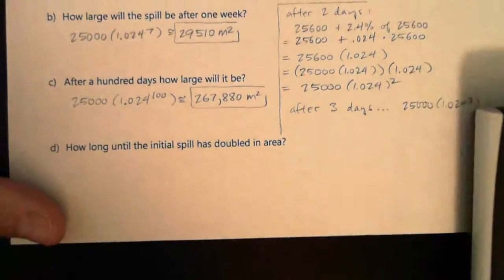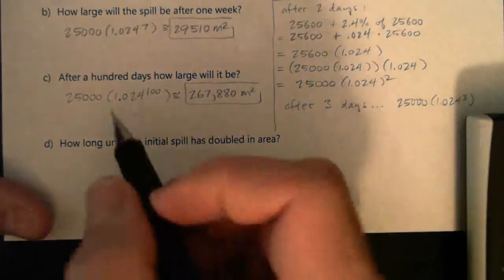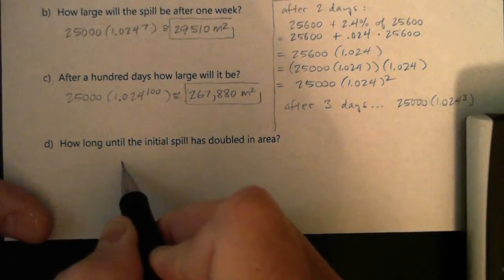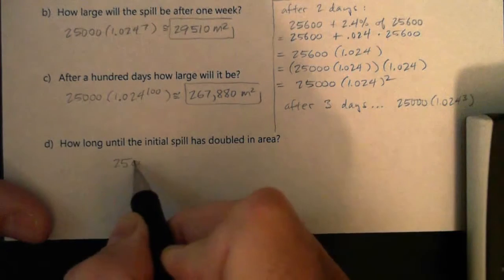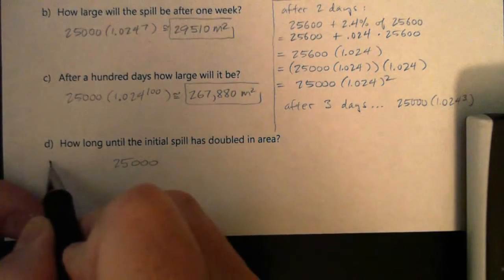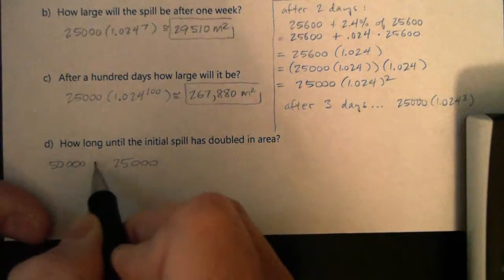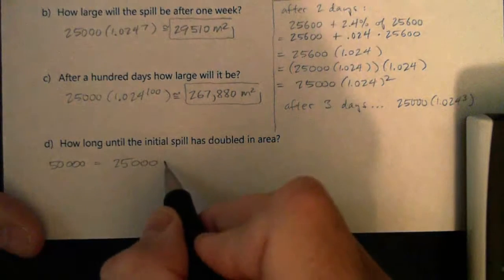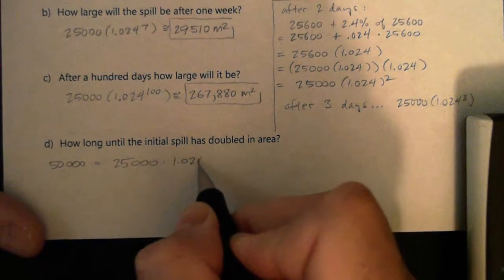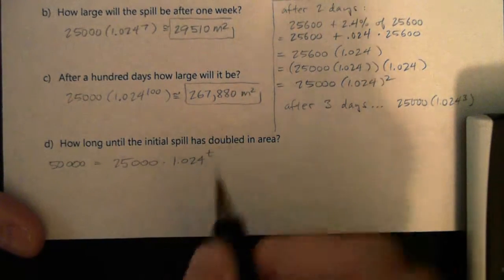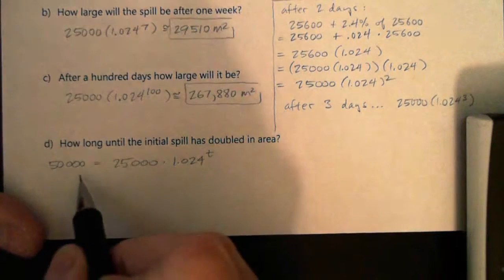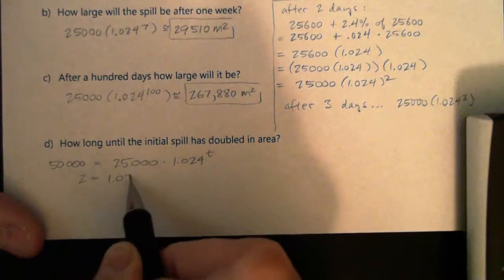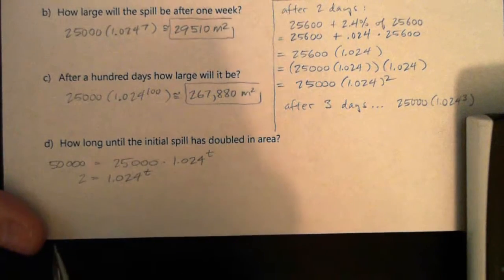And how long until the spill's doubled in area? Well, again, this can be done algebraically or graphically. The initial amount was 25,000, and we want that to grow to 50,000. That is double that by some power of 1.024. And we get 2 is 1.024 to the t.